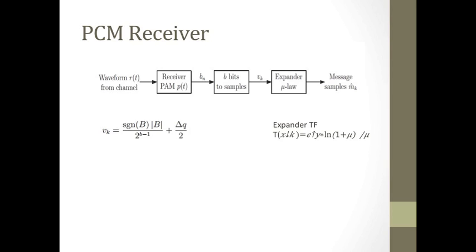Here is the receiver part of pulse code modulation. It is pretty much doing the inverse of what the transmitter is doing. The first block is the pulse amplitude demodulation, which recovers the discrete-time samples, b_n, with rate R_b, from the received signal r(t).